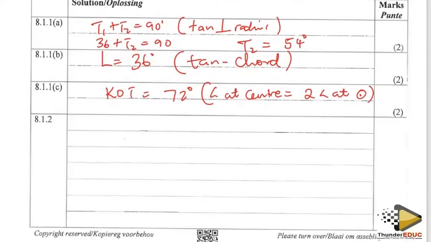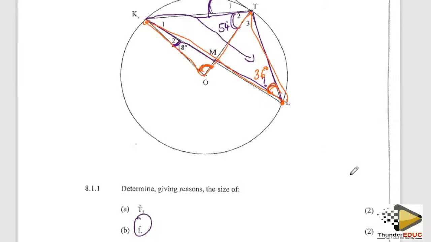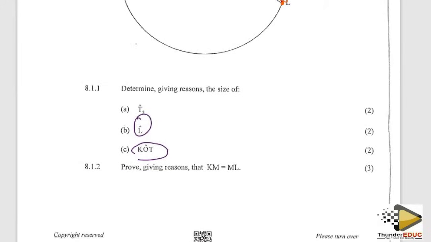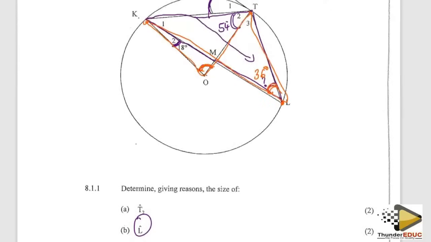So that is 8.1.1. We move to 8.1.2. Can we prove that KM is the same as ML? KM is from here up to here, the same as ML. Okay, so if this is 36, this is 54. This line is common.